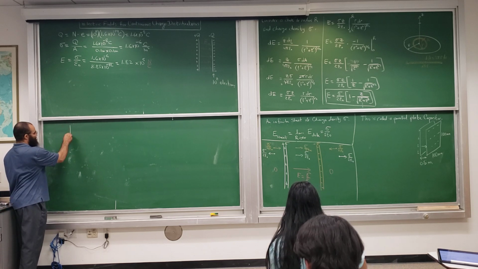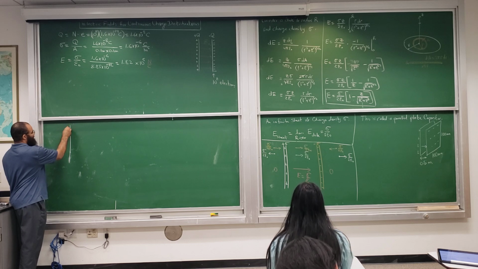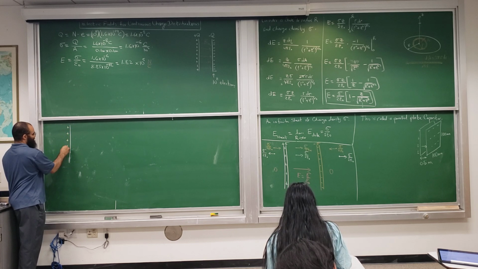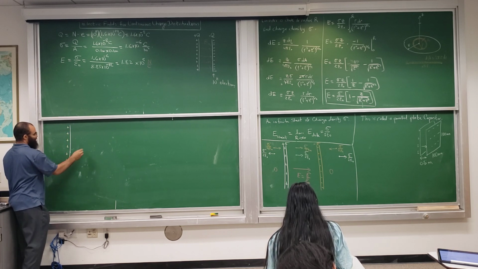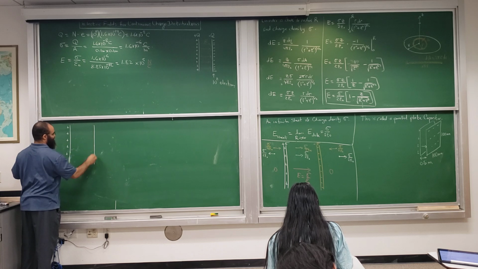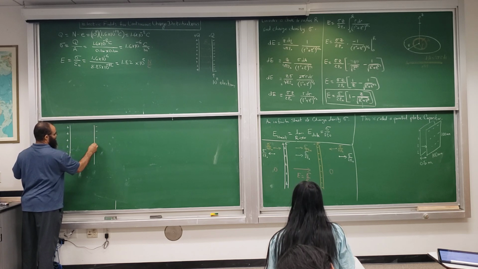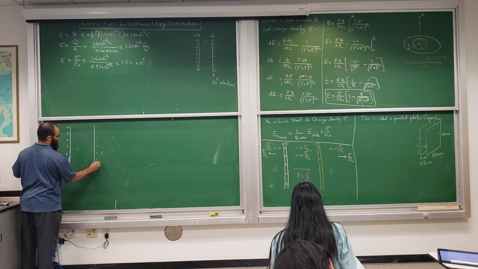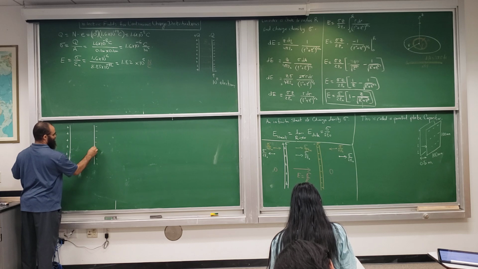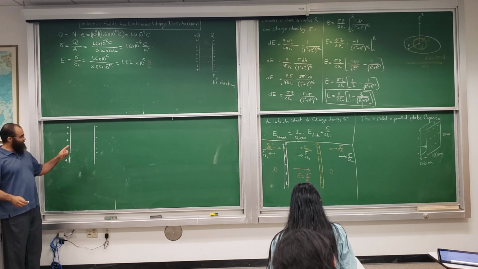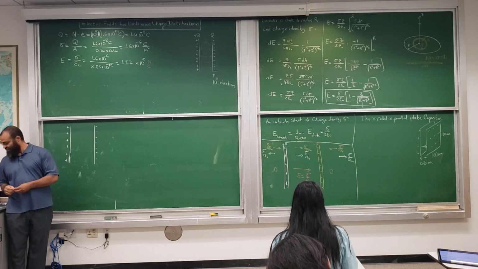Here's the next problem. Here's an infinite sheet. It's going to have plus. Here's another infinite sheet. It's going to be minus. Those are the two sheets.